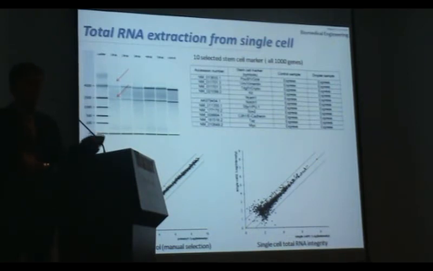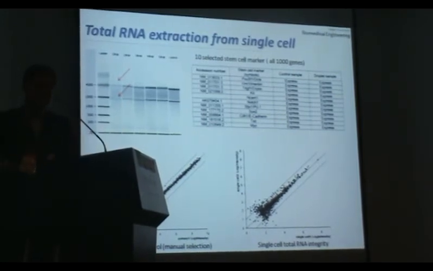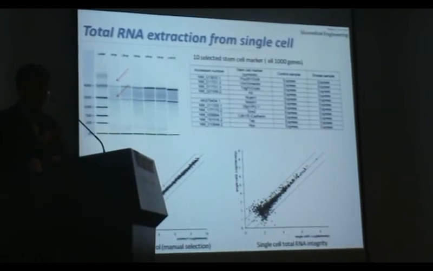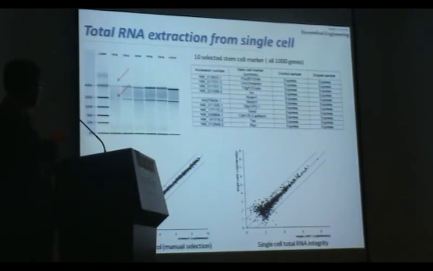But our platform can take care of that by encapsulating a single cell from bulk cells, and then we can extract the total RNA this way. Even from a single cell in a single droplet, we can extract the total RNA, and then we can identify a lot of significant genes from a 1,000 gene library. So we use this tool to find the candidate cells in our samples, and then we can take them out from the total RNA analysis.